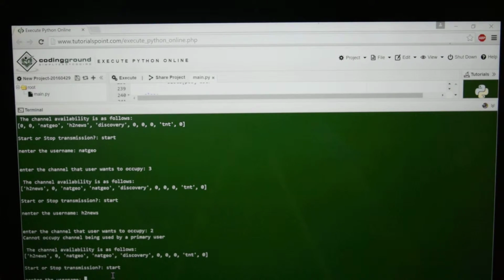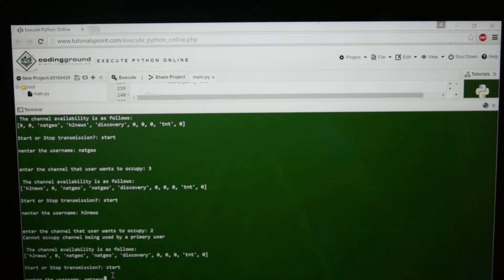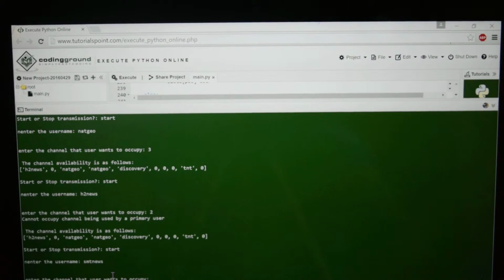SMT News is now a secondary transmitter and he wants to transmit in channel 0, which is being used by H2 News, who is also a secondary user, who is not licensed or not the owner of that channel.